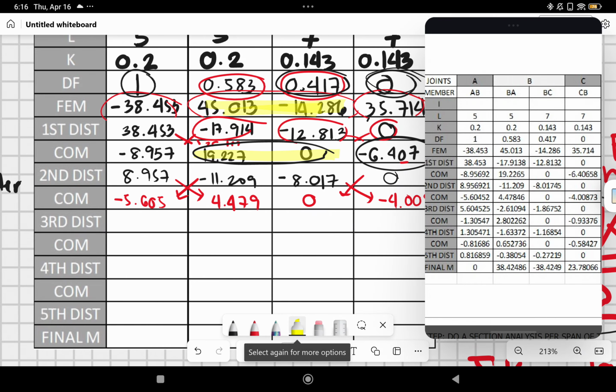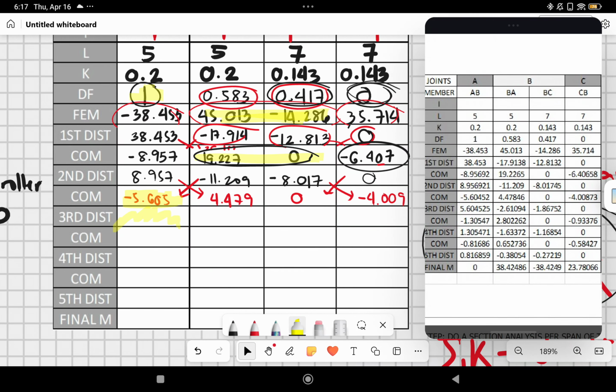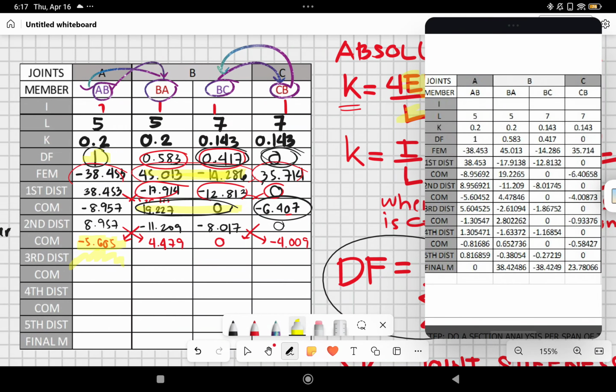So again, kung kukunin mo to, titingnan mo lang yung sa taas niya. Okay? Para makuha mo to, kunin mo to, multiply mo na negative times yung distribution factor. Tapos pagdating dito, since sa joint B, dalawa yung moments mo, i-add mo yan, 4.479 and 0, i-multiply mo na negative yung nakuha mong sum doon, times mo sa distribution factor.